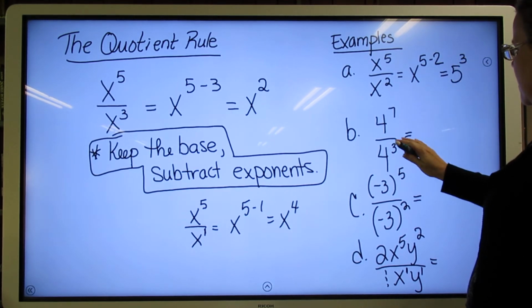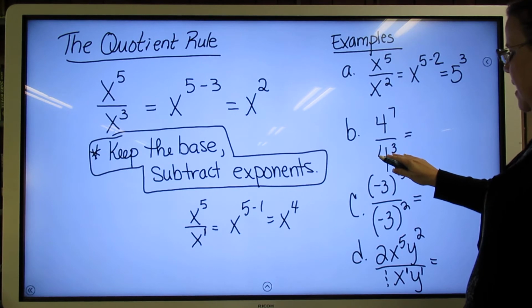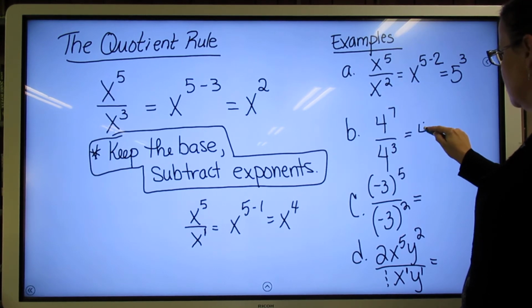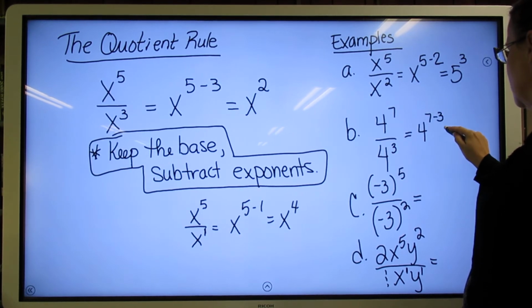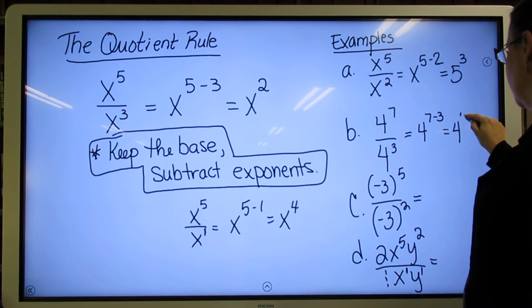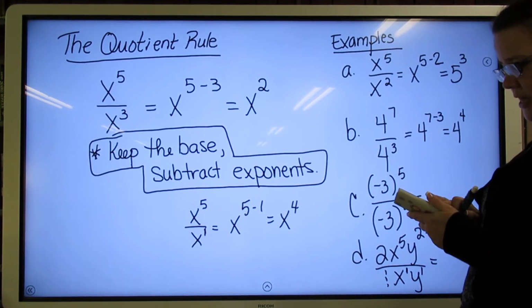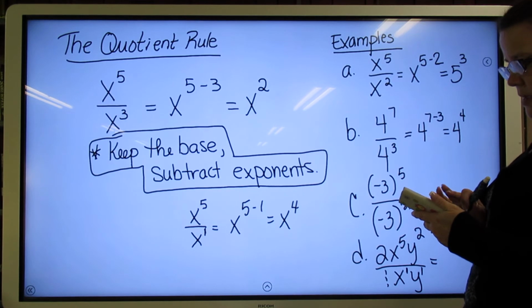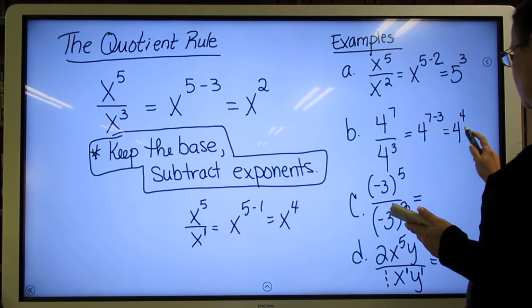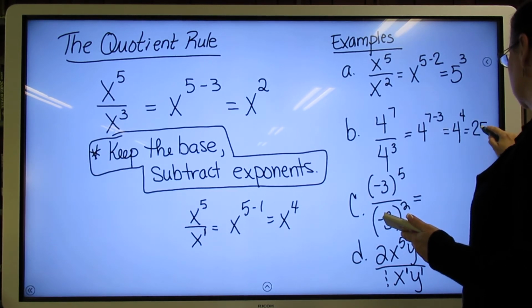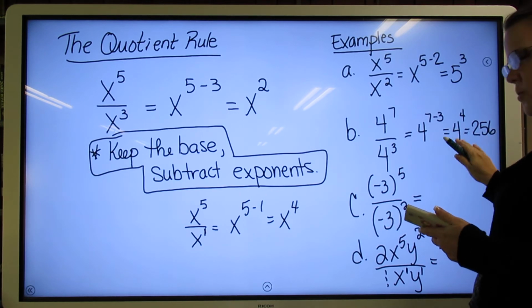And then 4 to the 7th divided by 4 to the 3rd. So again, subtract, you would have 4 to the 4th. Now, if they wanted the actual answer, for 4 to the 4th, you would get 256. So either one would be correct.